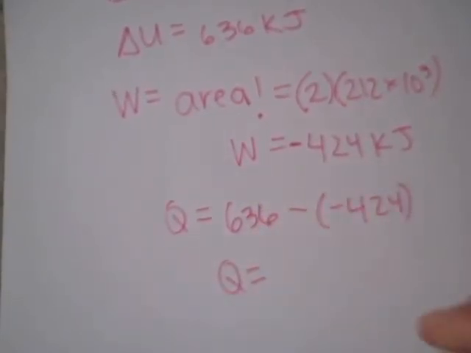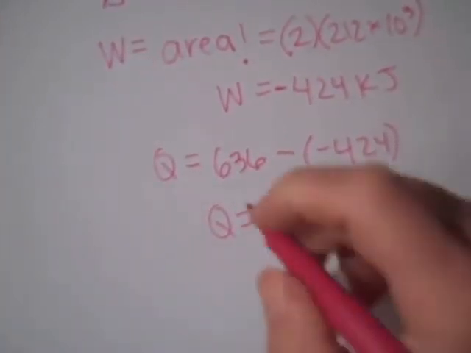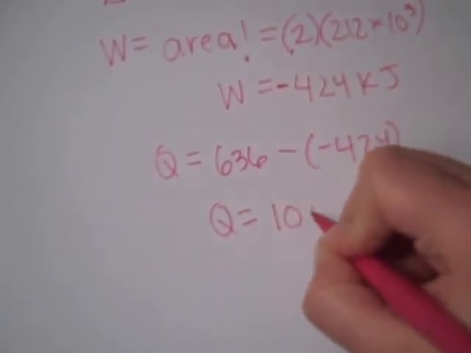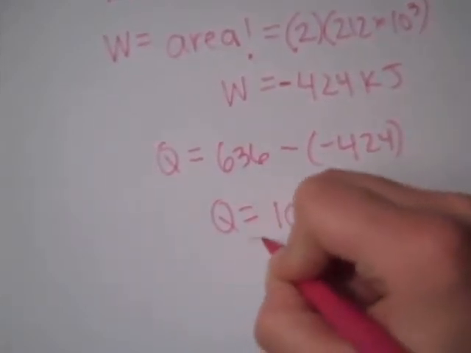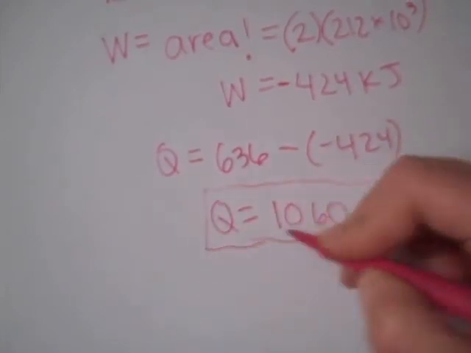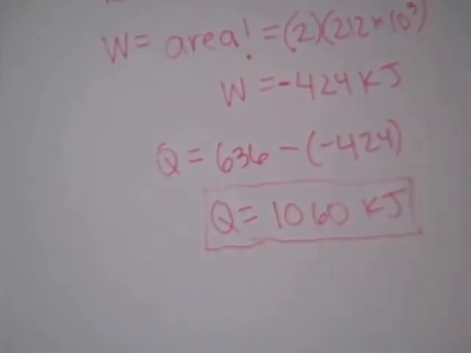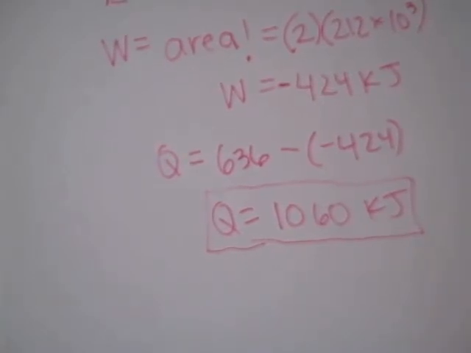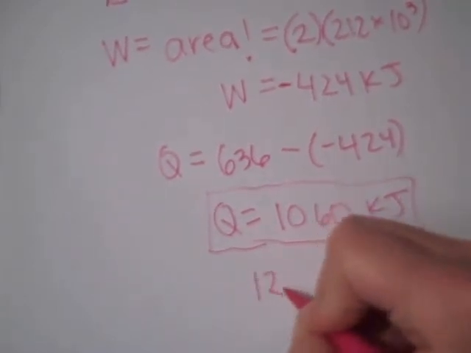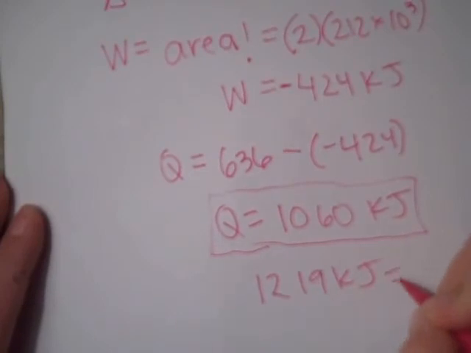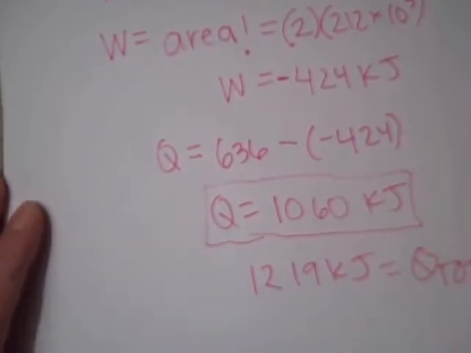And in the end, I will add them together, and I get a total Q of 10,060 kilojoules. Now, finally, if you wanted to find the total heat for the whole process 1 and 2, you would just add the 159 kilojoules from process 1 to the 10,060 kilojoules from process 2, and there you go. And I believe you get 12,019 kilojoules, which is Q total.